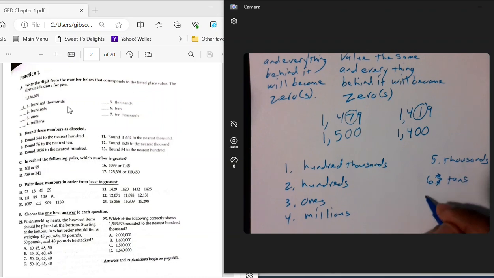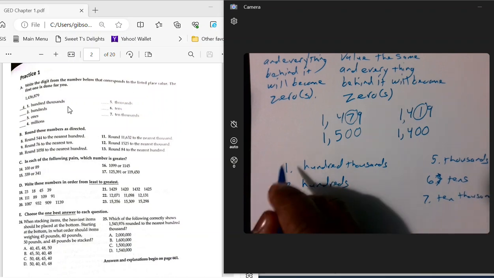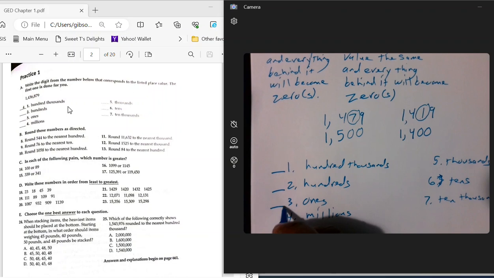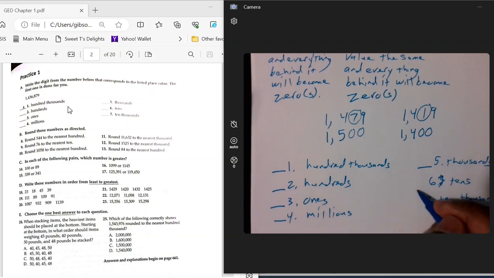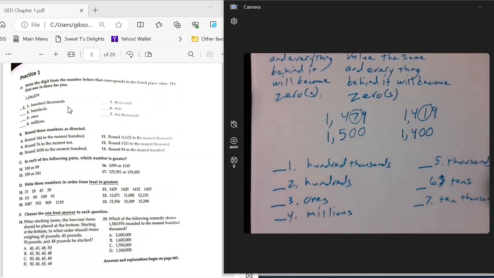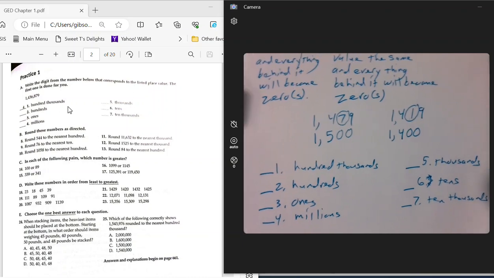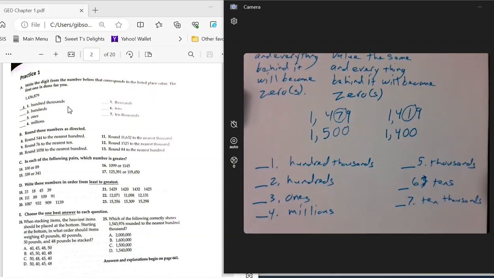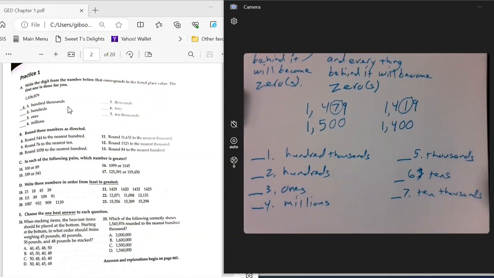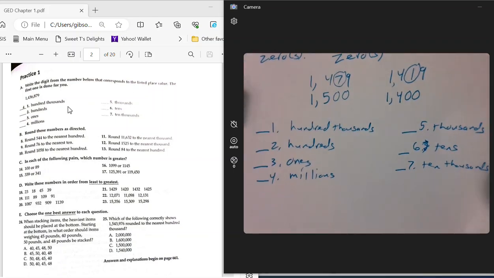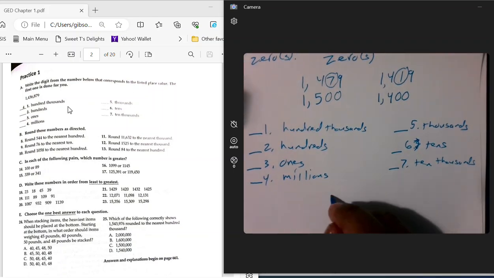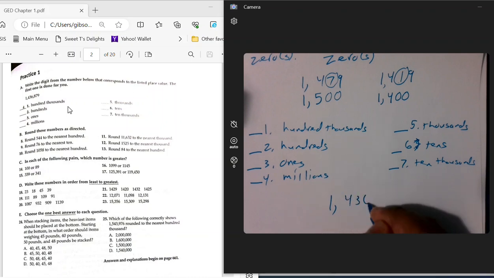And 7 is the 10,000. Okay, I'm going to put these blanks in front like they do in the textbook to signify the digits that we will put here. Okay, so now the number that we're working with, and I'll write the number below here, is 1,436,879.